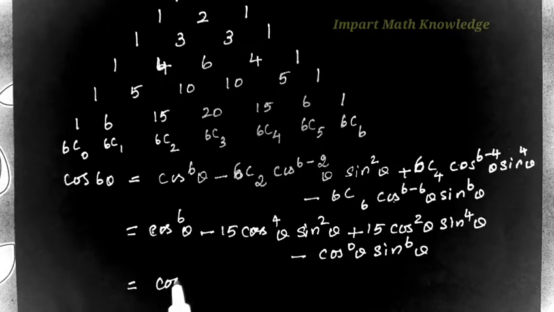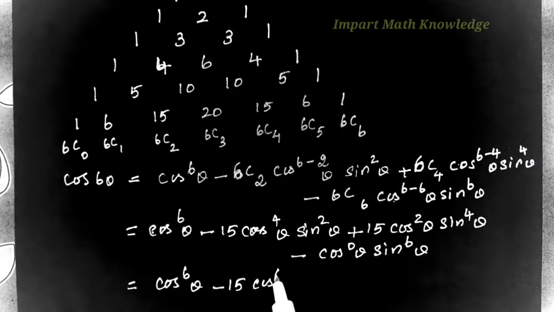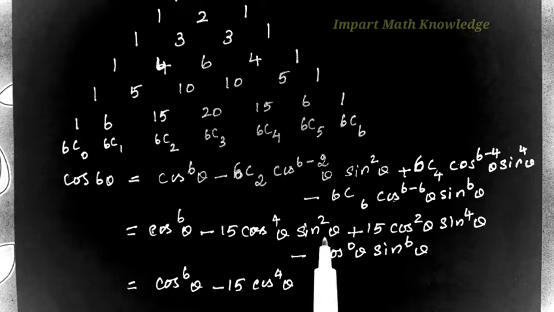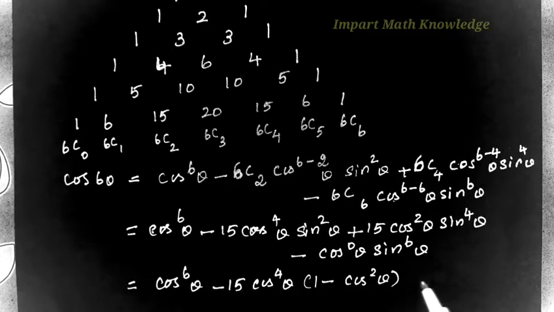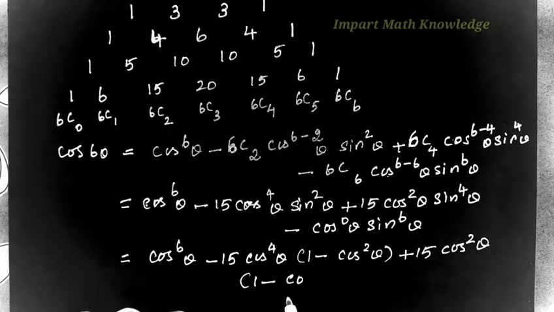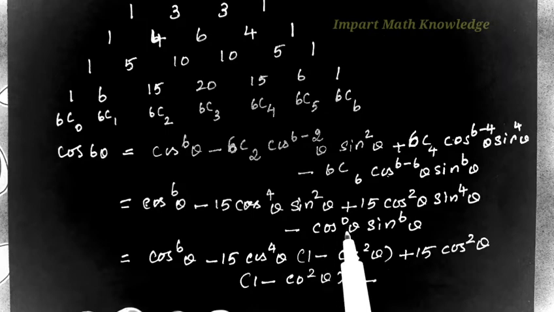That is cos power 6 theta minus 15 cos power 4 theta. We want to give our values in terms of cos theta. So this can be written as 1 minus cos square theta plus 15 cos square theta. Sin power 4 theta can be written as 1 minus cos square theta whole square, minus anything power 0 is 1.